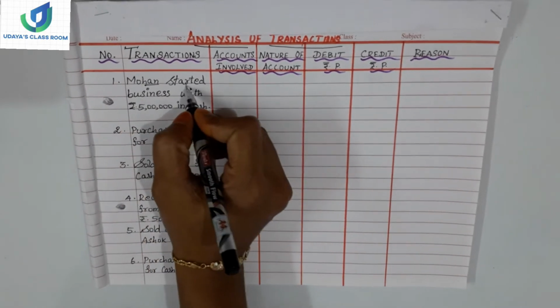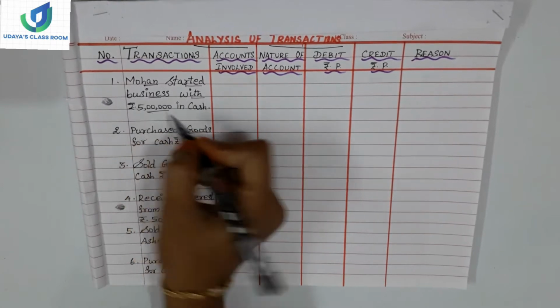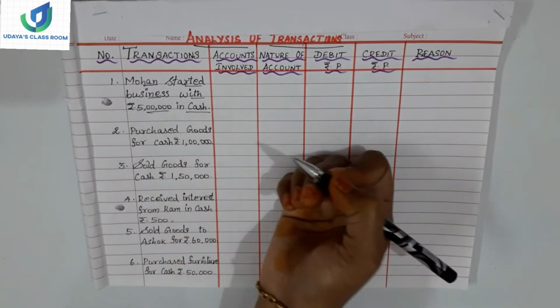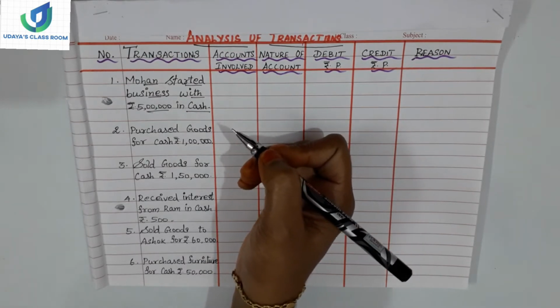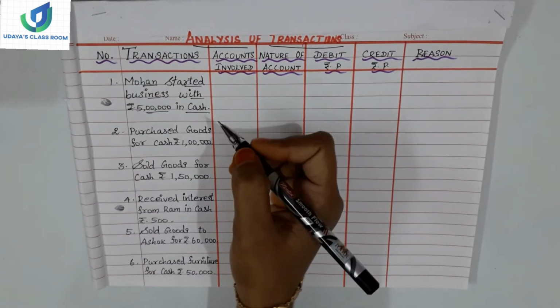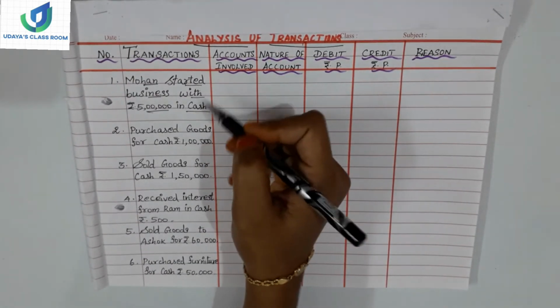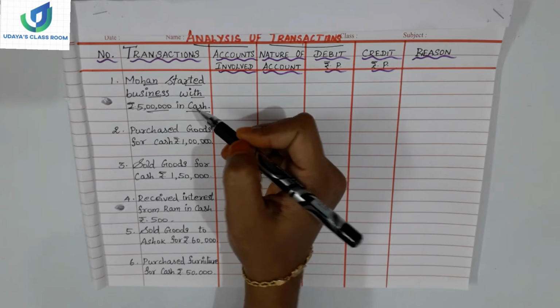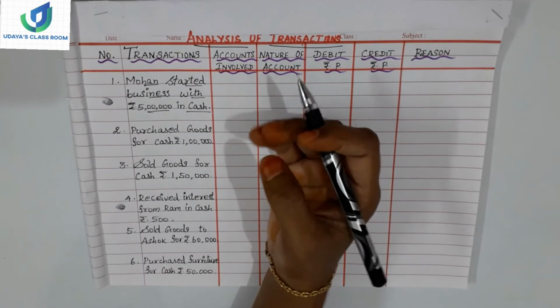Mohan started business with rupees 5 lakh in cash, which means Mohan started his business with rupees 5 lakh cash. So first we have to analyze what are all the accounts involved in this particular transaction. So just imagine Mohan started his business with cash.